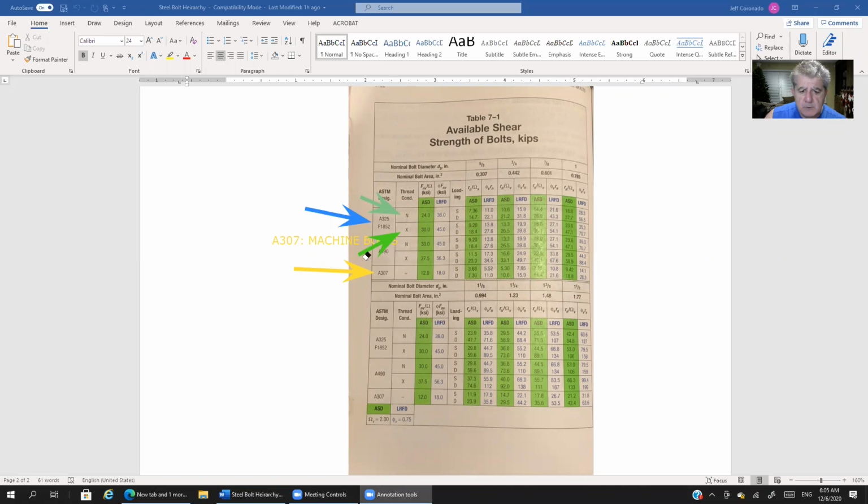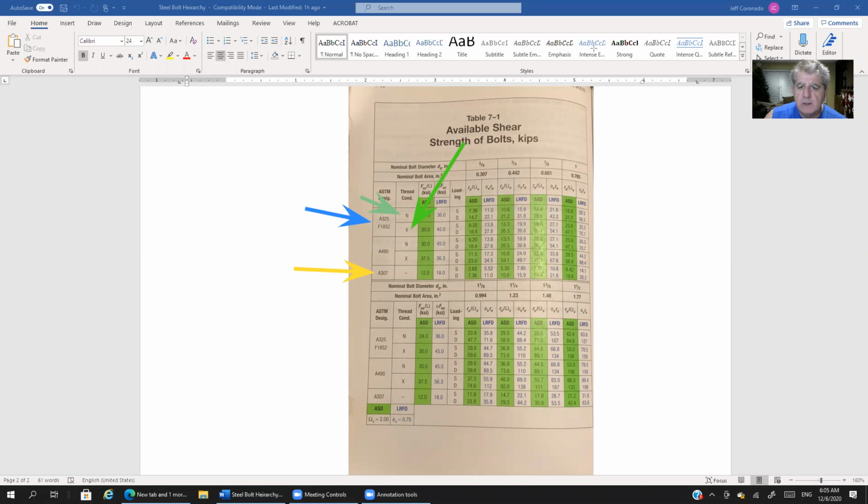Let me get rid of this one. What if we try to come in from here? That way we can keep that A325X.